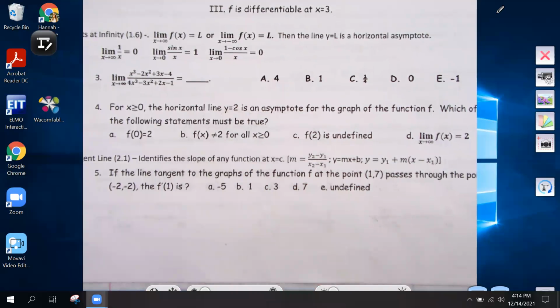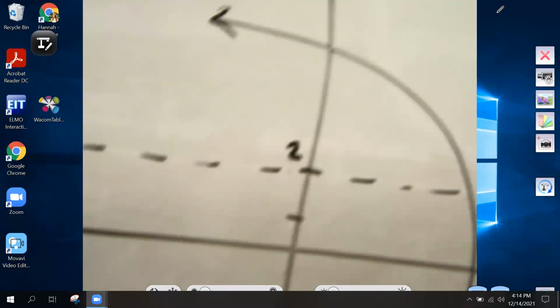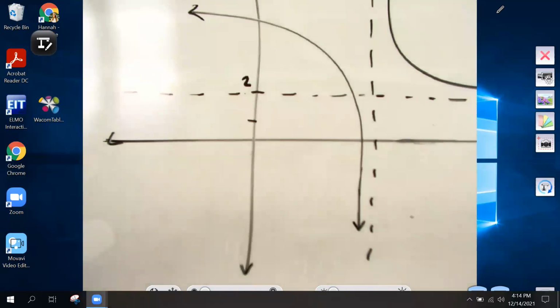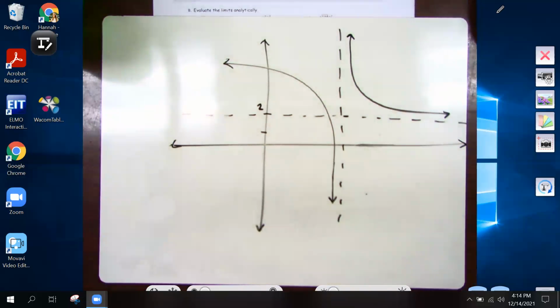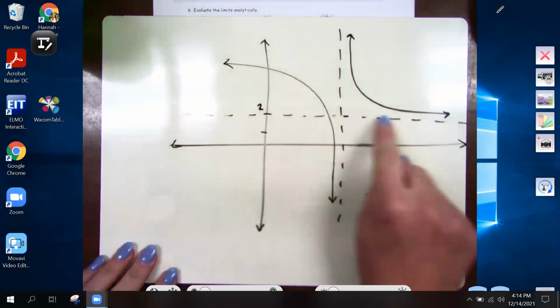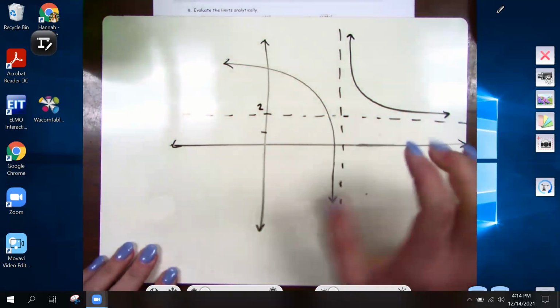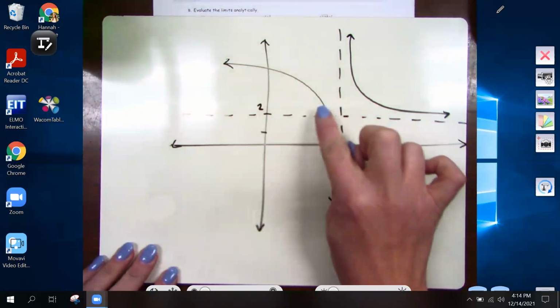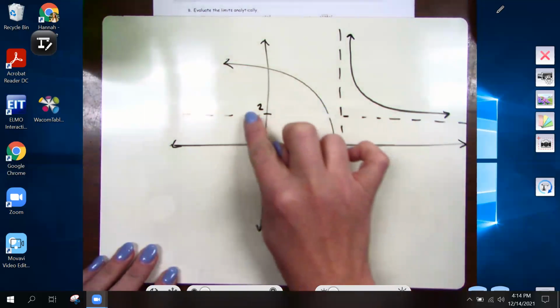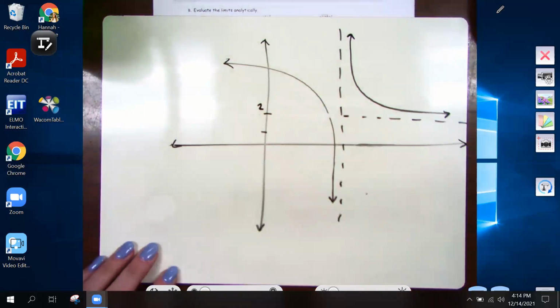But when I started thinking about it, there are graphs that look similar to this, where yes, this line y equals 2 is a horizontal asymptote of this graph, but only for this part. So really it's not even continuing on over here.